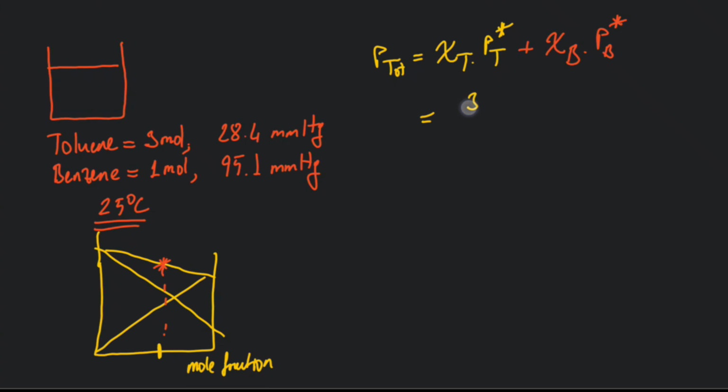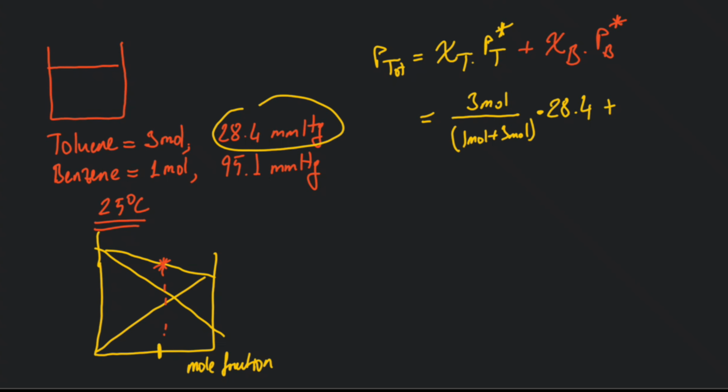We have 3 moles of it. The total is 1 mole plus 3 moles, times the toluene pressure, which is here, plus the benzene mole fraction, which is the opposite, 1 mole over 1 mole plus 3 moles, times the pressure of benzene, 95.1 torr. So the unit is torr, definitely.